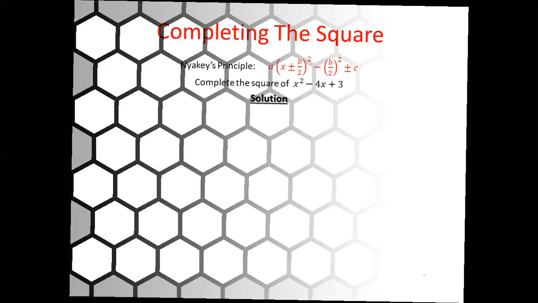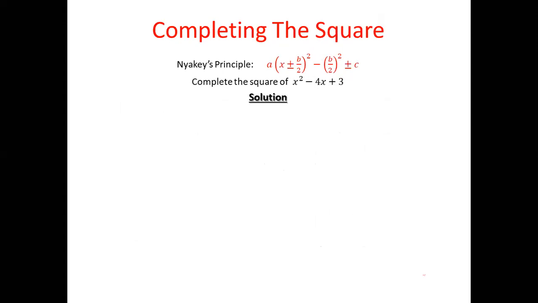Now, I've mentioned earlier that the NYAKEY'S principle is simple. Look at what we have on top here to be able to determine what exactly can be done. For example, you have an expression x squared minus 4x plus 3.